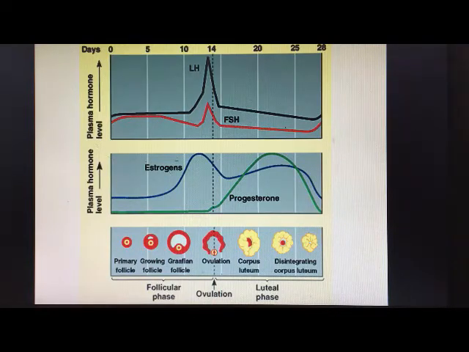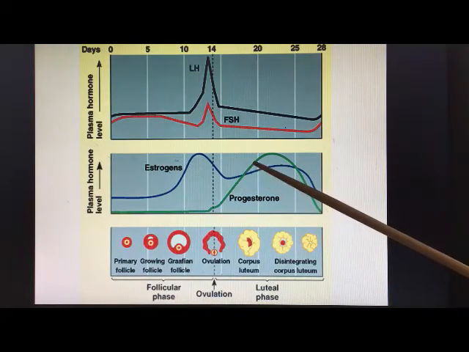Because the secondary oocyte has just been released and we are not sure yet whether fertilization occurs. If fertilization occurs, then there's no need for the primary follicles to be developing. This is to maximize the usage of the secondary oocyte for fertilization.